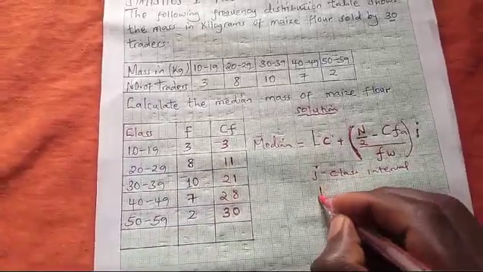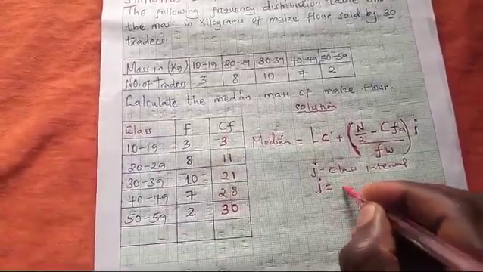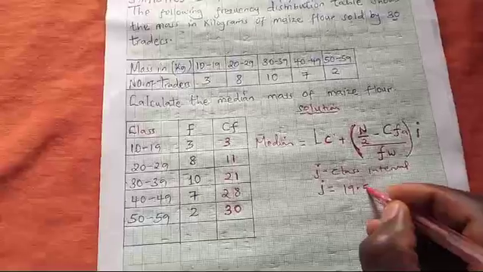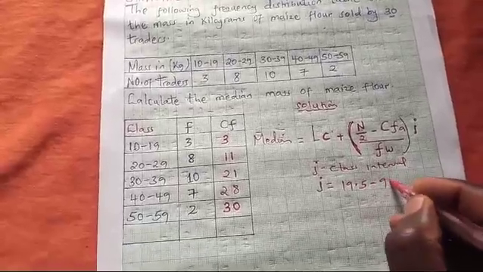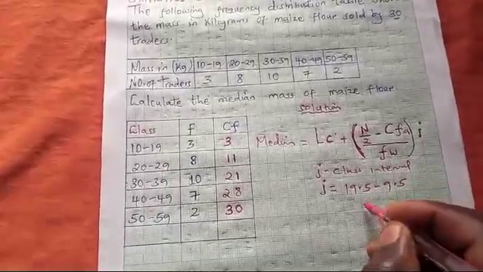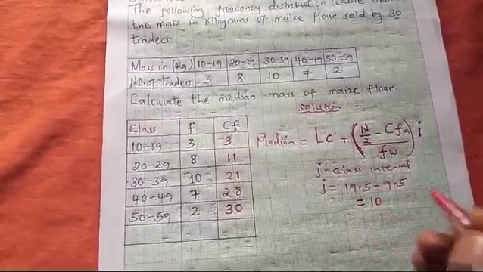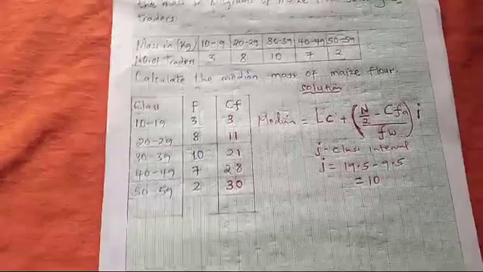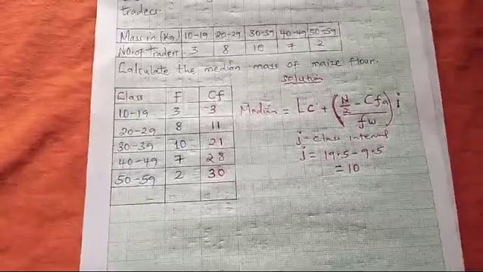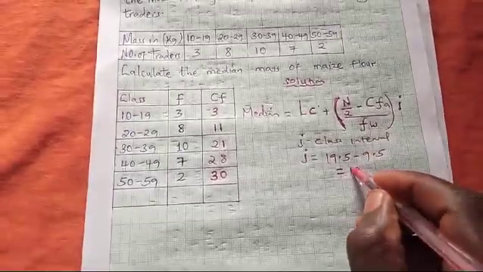So to get the interval, we take 19.5 and subtract 9.5. This gives us 10. So the class interval we're going to use is 10.